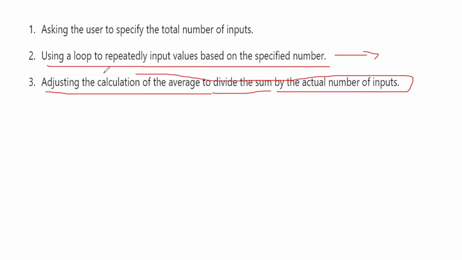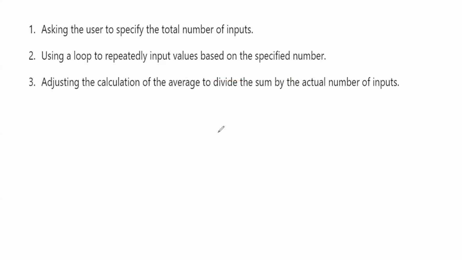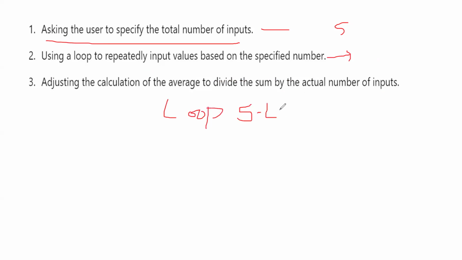This is the formula of average, which you have done in the previous program. If the user wants 5 inputs, the loop will run 5 times. If you give 7, the loop will run 7 times.